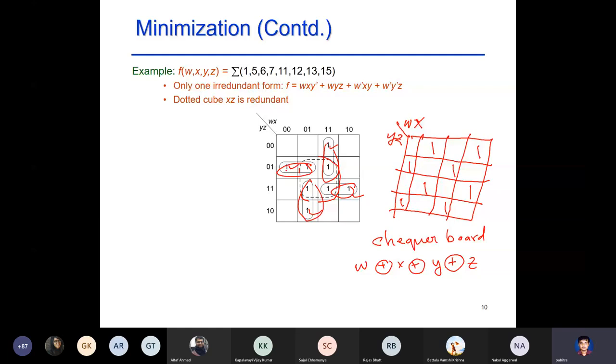In fact, one more thing I forgot to mention. This and this and this and this form a 4-sized cube. So basically you can not only wrap it this way, you can also wrap it this way.